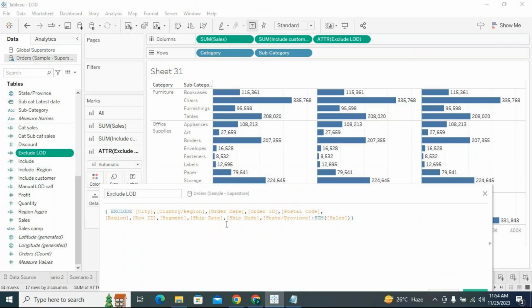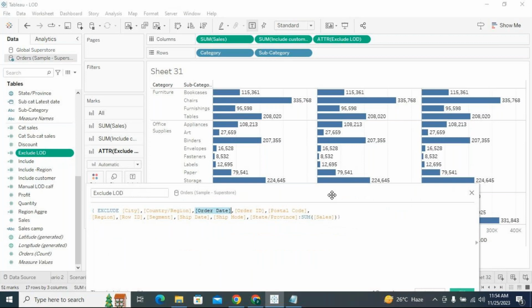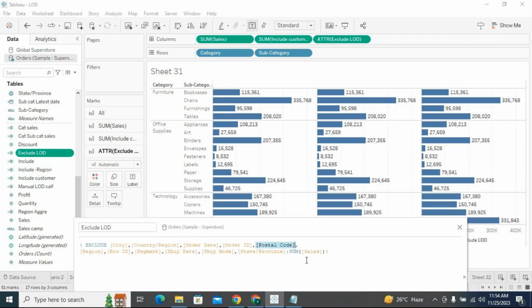So if you are eliminating one dimension, you may not understand whether it is executing at other level dimensions or not. For example, here when I excluded only customer name, what is happening there? For remaining all dimensions, it is getting executed.